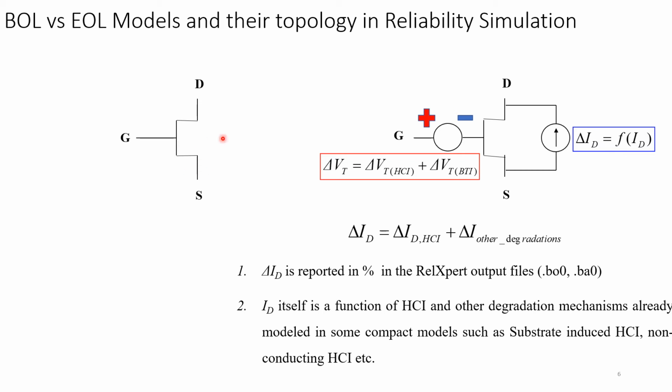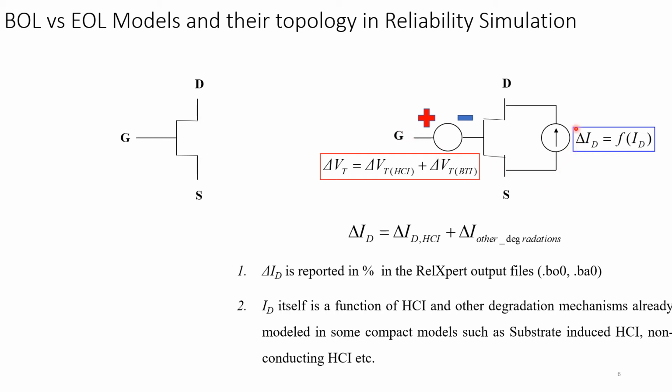Now the same model in terms of reliability, or the end of life model, would be this: you model the threshold voltage by a voltage source in series with the gate, which models the delta VT. This delta VT is a combination of delta VT due to hot carrier injection, plus delta VT due to BTI, which is bias temperature instability, plus delta VT due to any other mechanism you can encounter in a MOSFET.